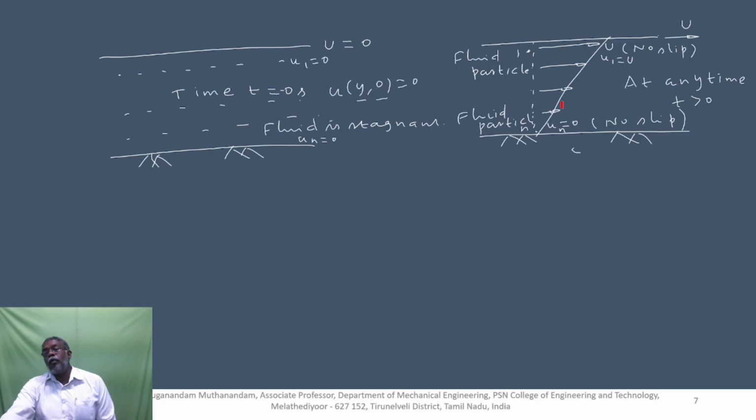If the variation of the flow quantities takes place in two directions, then we call it a two-dimensional problem. If the variation takes place in three directions, then it is a three-dimensional problem. In a two-dimensional problem, u is not only a function of y but is also a function of x or z. In a three-dimensional problem, u is a function of x, y and z, all the three coordinates.